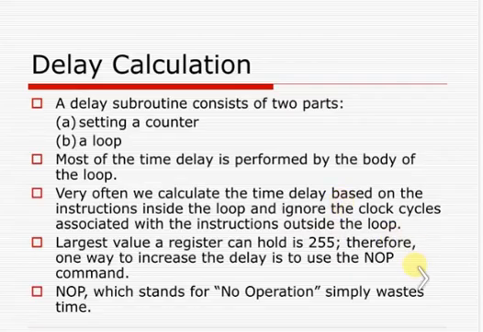The largest value a register can hold is 255. Therefore, one way to increase the delay is to use the NOP command. NOP, which stands for no operation, simply wastes time.